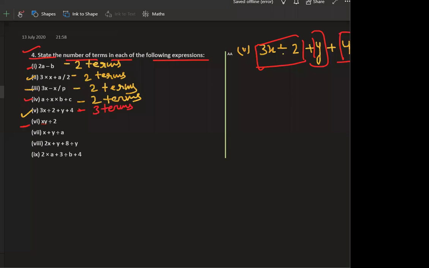Now 6. Now you have to give the right answer. Xy divided by 2. How many terms are there? Don't tell me monomial, binomial, I am not asking that. I am asking about terms. Answer the question that is asked. How did it become 0 terms, Jatin?